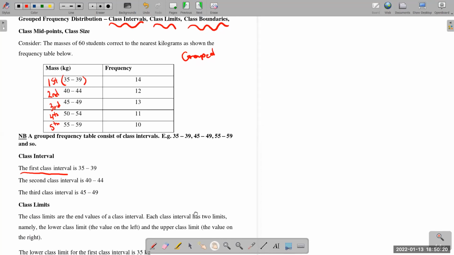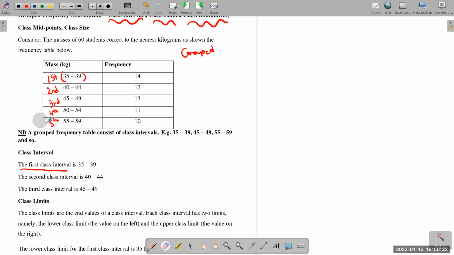Next one we're going to look at. Let me just erase all of this now that we understand what the interval is. Let's look at what the limits mean.